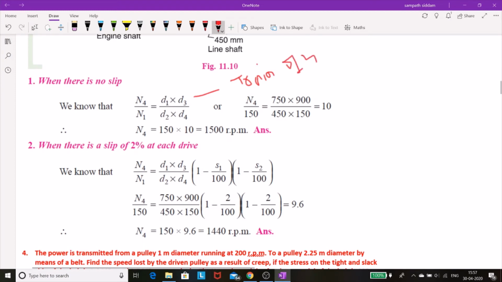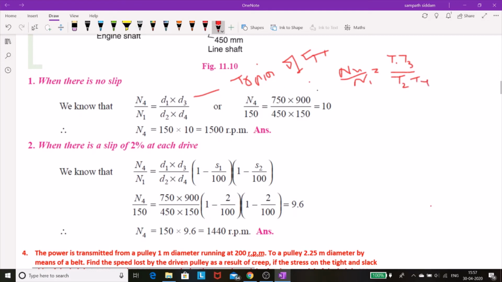Train of a gear train is equal to the relation where N4 by N1 is equal to T1 T3 by T2 T4.